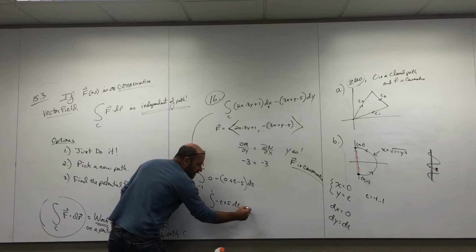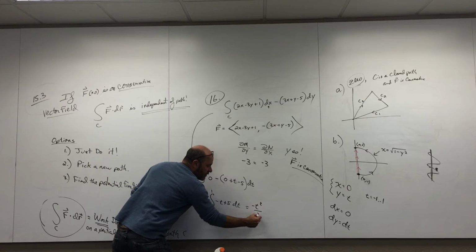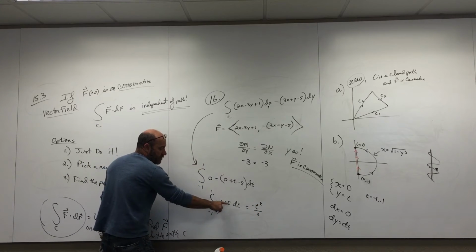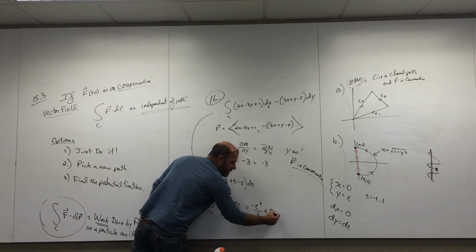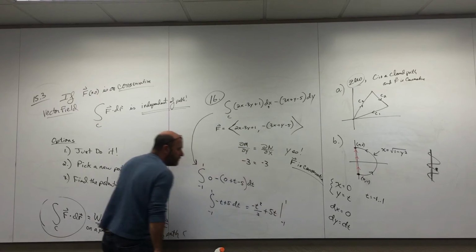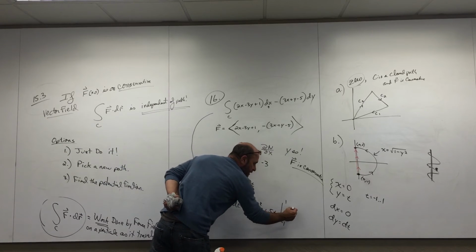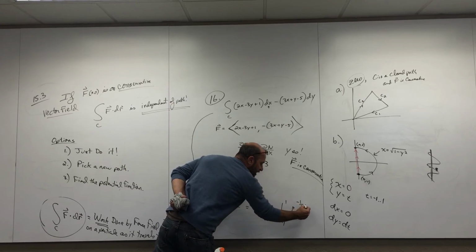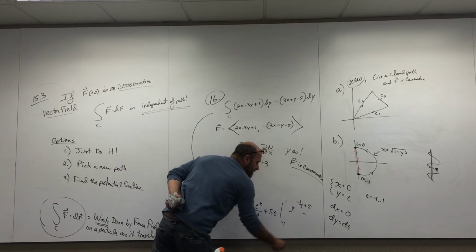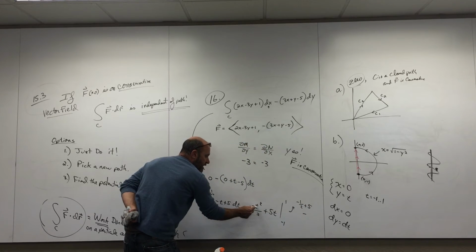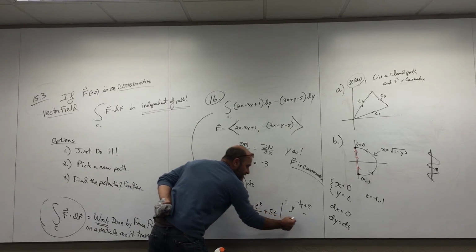Okay, I'll finish it with you. -t squared over 2 is how you integrate that, plus 5t. From -1 to 1, you plug in your 1. This gets kind of weird here. It's -1/2 plus 5, minus, when you plug in your -1, -1/2 minus 5.